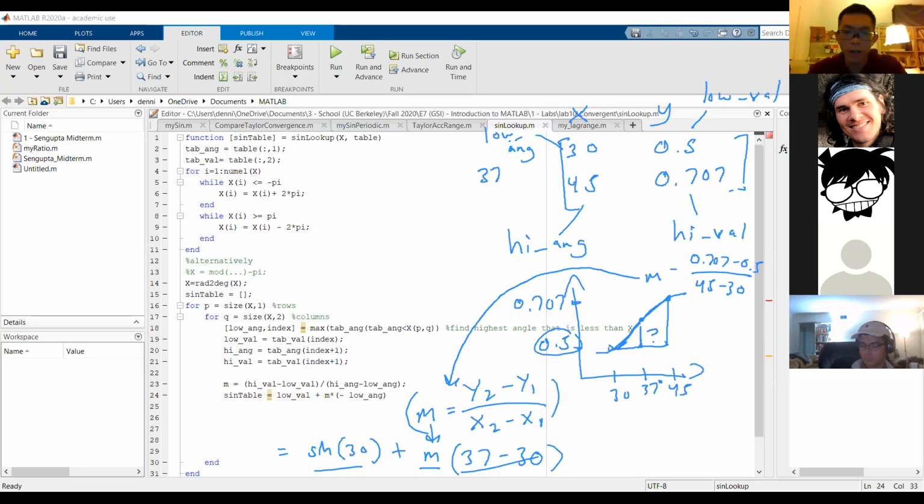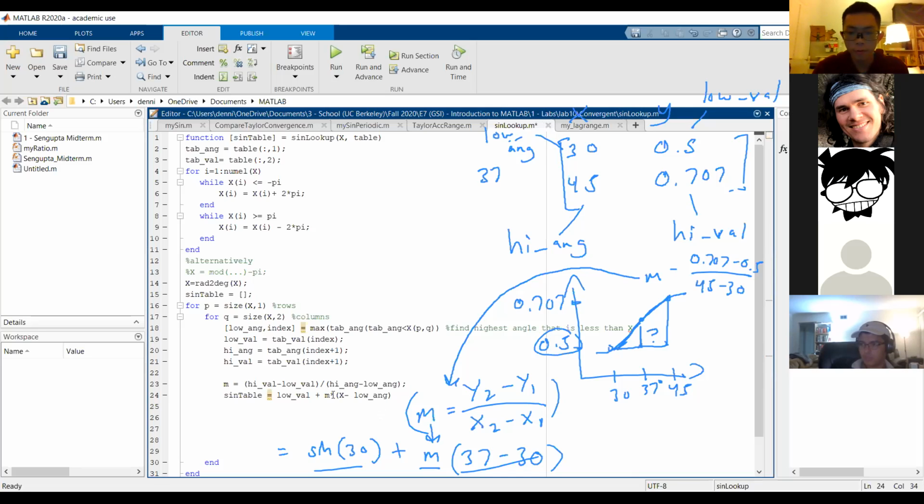X. Should I put X here? Does this look right to you people? Or do we need to do something? X is a matrix, right? Well, how do we get a scalar out of that?